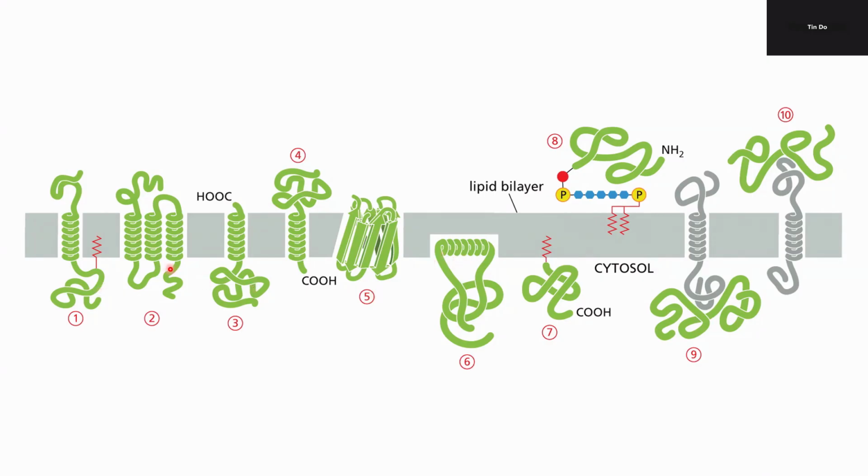So you might have a region of the amino acid where it covalently binds to a fatty acid, or covalently binds to a phospholipid, or covalently binds to a cholesterol to anchor itself inside the membrane so it doesn't float away, for instance.